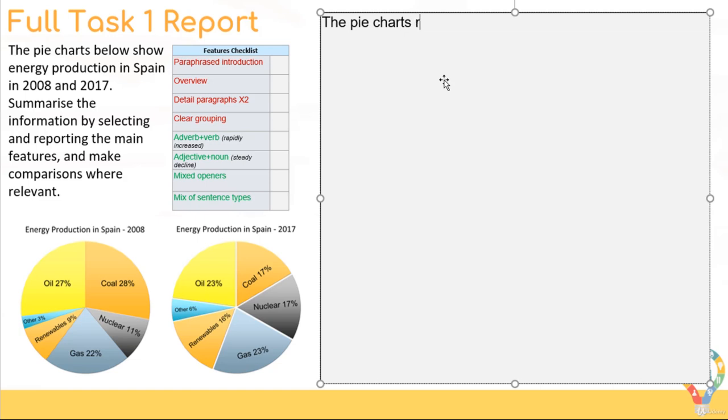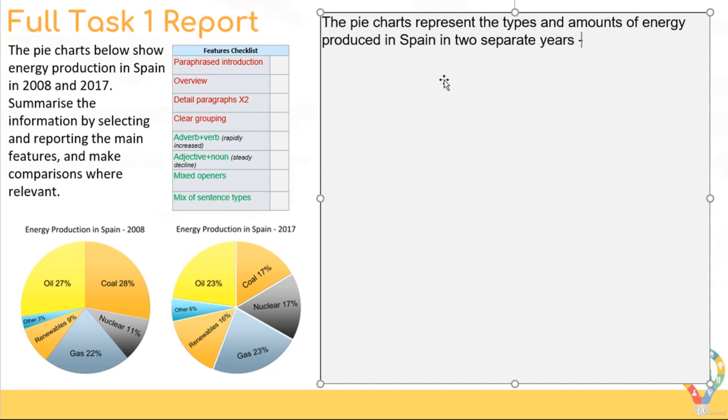The pie charts represent the types and amounts of energy produced in Spain in 2 separate years. And I might add a hyphen just to change my grammar somewhat. 2008 and 2017. So that is my introduction paragraph complete.